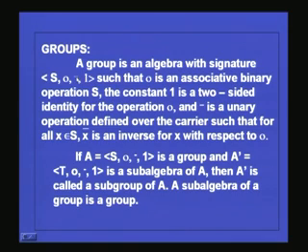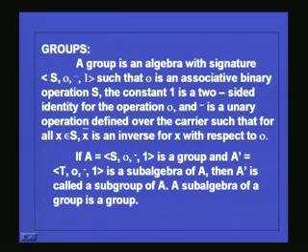This is a unary operation, that is inverse element, such that dot is an associative binary operation on S. The constant 1 is a two-sided identity for the operation dot, and this is a unary operation defined over the carrier such that for all x belonging to S, for every x you have an x bar which is an inverse of the element with respect to dot. So, again this idea of a subgroup, A is equal to S dot, inverse, 1 is a group and A dash is equal to T dot, inverse, 1 is a subalgebra, then A dash is called a subgroup of A.